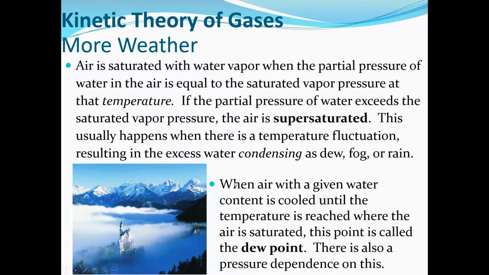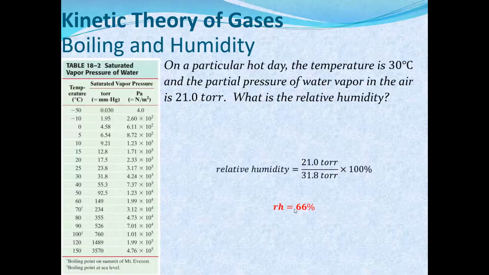And we usually call this a dew point, basically what temperature it needs to be at in order for it to become saturated. So, for example, it kind of goes back to this. If they said that 21 torr was how much water is in the air, we can figure out what the dew point is by looking up here and seeing where this would become the saturated vapor pressure.